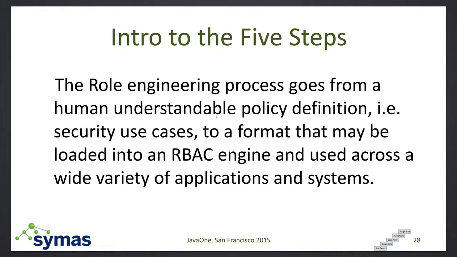What are we saying here? We are going from a policy as articulated by us, the humans, and we are going to refine it into a format that can then be loaded into a policy decision engine, and we are going to do all the steps that we need to do in order for our applications and systems to take advantage of that.